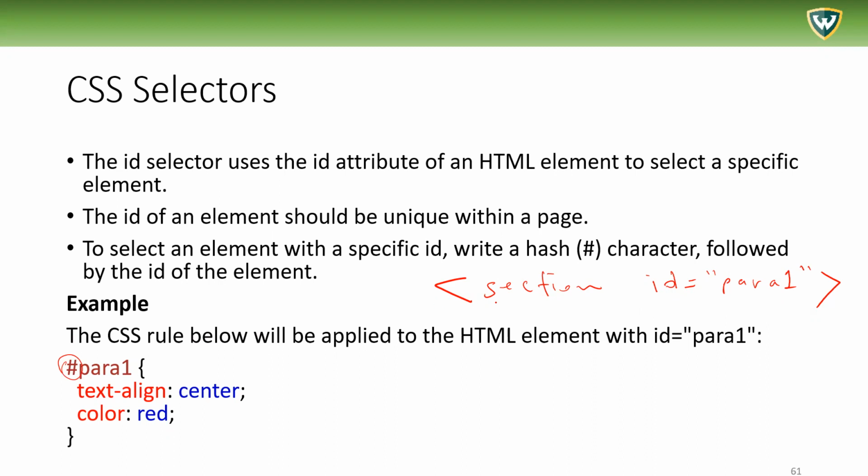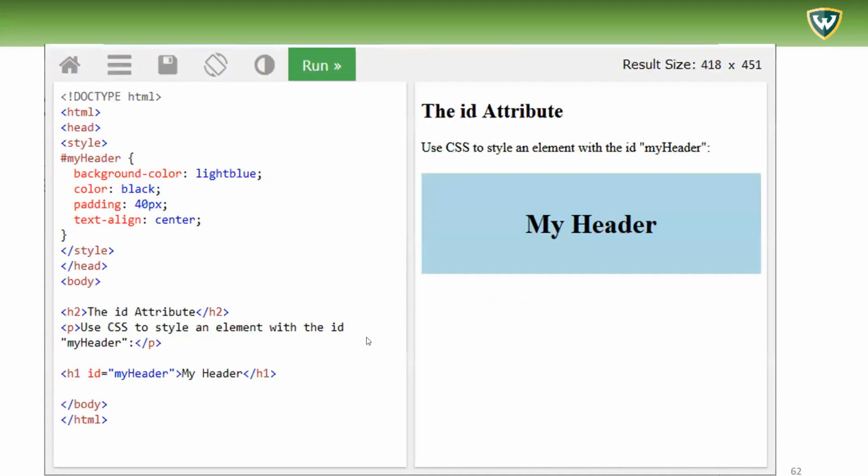If we wanted to modify all sections, instead of that, we would write section like we did before with a paragraph. Or if we want to modify one type of section, those with ID equals a certain value, then we need that hashtag there. So it's very similar. Everything else is the same. It's just how to identify the specific kind of tag that we are modifying.